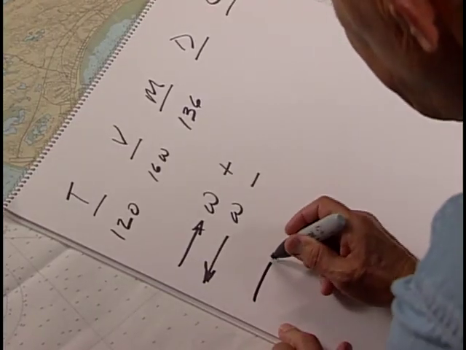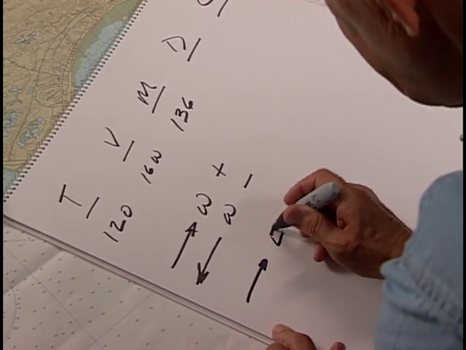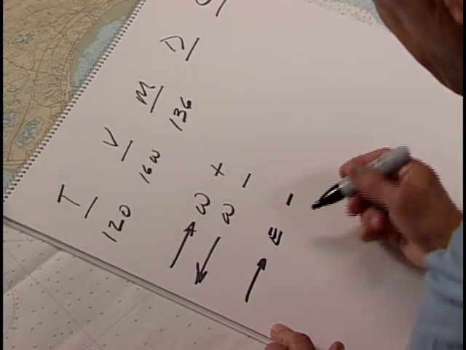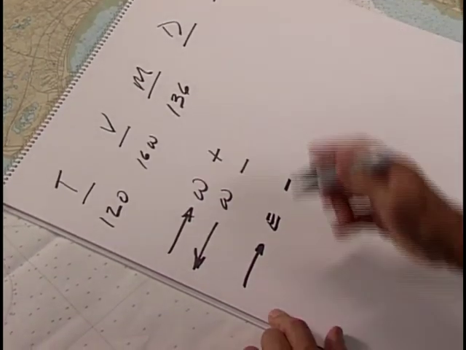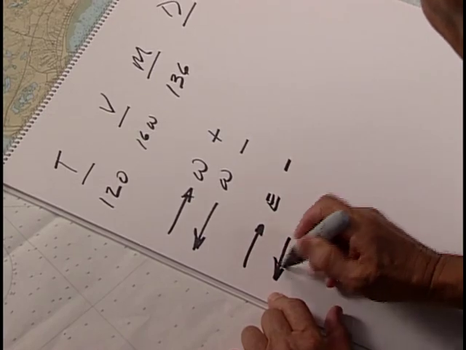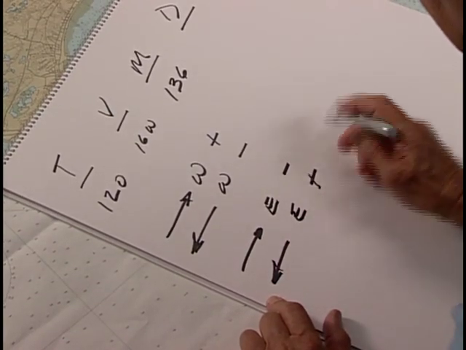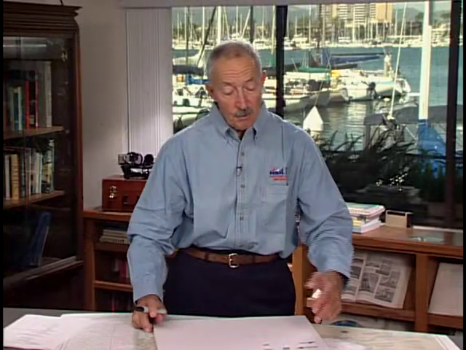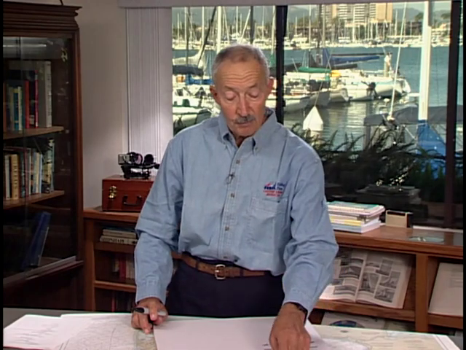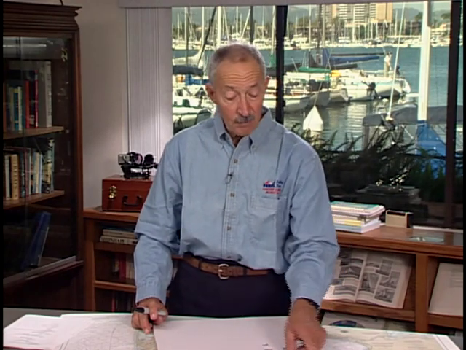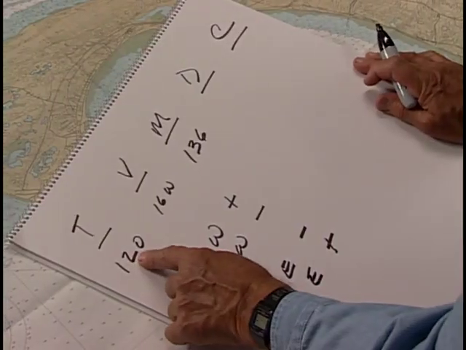If my compass rose was the other direction and I had easterly variation, then as I move from left to right with easterly variation, I'm going to subtract. And if I move from right to left with easterly, I'm going to add. So those are the basic rules that we use and how to do that arithmetic. So I've gone from true through the variation, and I now have magnetic for that: 120 plus 16 is 136.